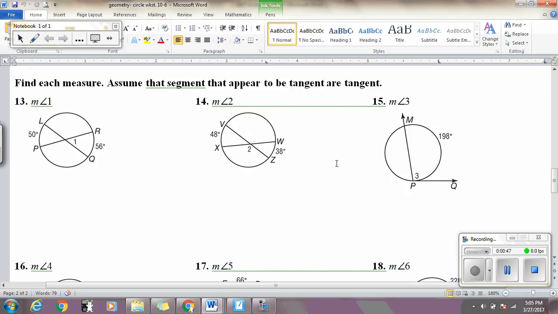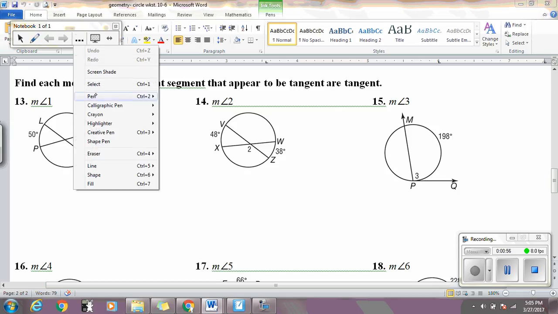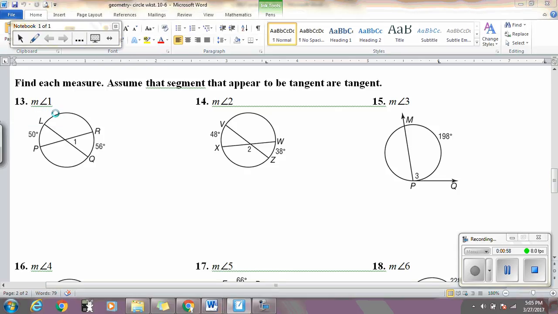For number 13, when I look at the situation, I know that angle 1 is inside my circle, so I'm going to use the formula for inside the circle. The formula for inside is angle is equal to arc plus arc divided by 2.